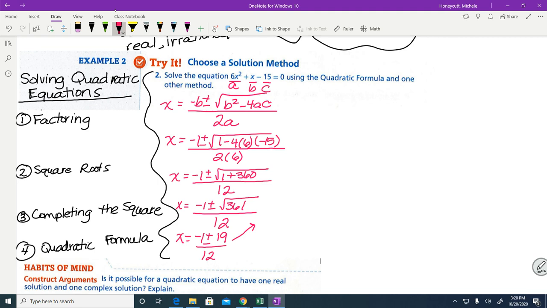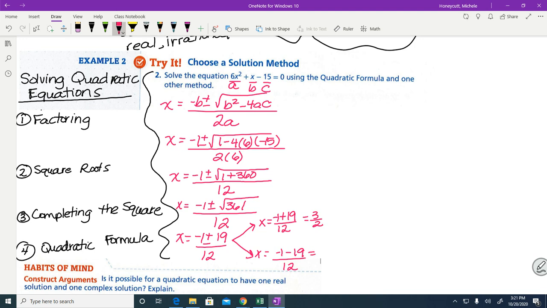The first answer I'll get is x equals negative 1 plus 19 divided by 12. And the second answer I'll get from doing negative 1 minus 19 divided by 12. So negative 1 plus 19 is 18, and 18 divided by 12 is 3/2.